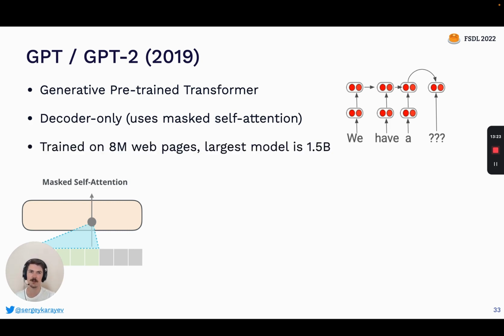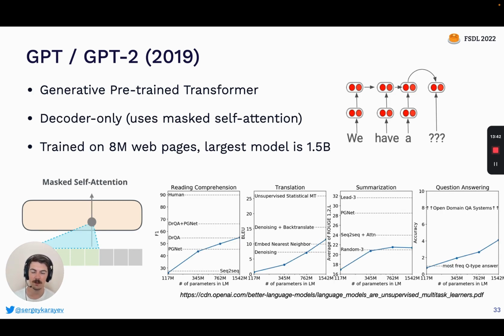And so the kind of training data it has is sentence completion. It's trained on millions of web pages. The largest model is 1.5 billion parameters. And the task that it's trained on is predicting the next word in all of this text on the web. They find that it works increasingly well with the number of parameters.